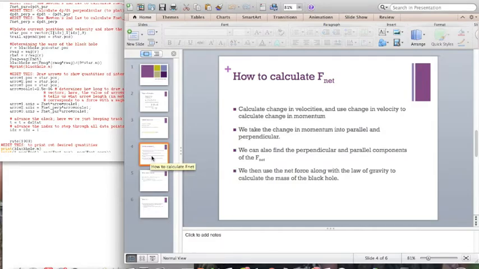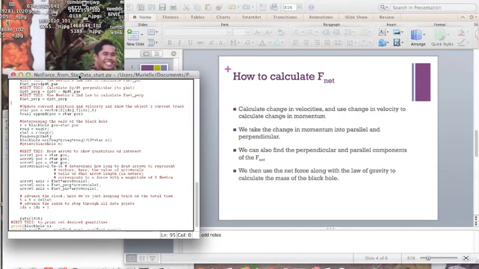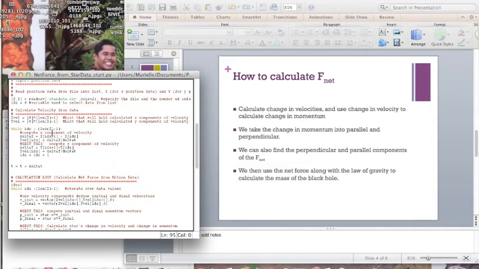Well, we can calculate F net by calculating the change in velocities, and use the change in velocity to calculate the change in momentum. Within my code, I start by taking in the x and y values. From here, we compute the x component of velocity and the y component of velocity.